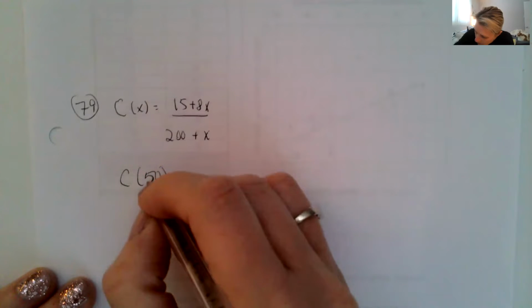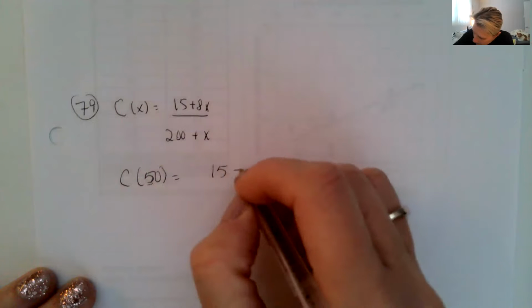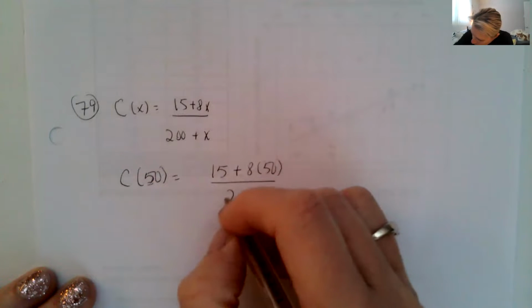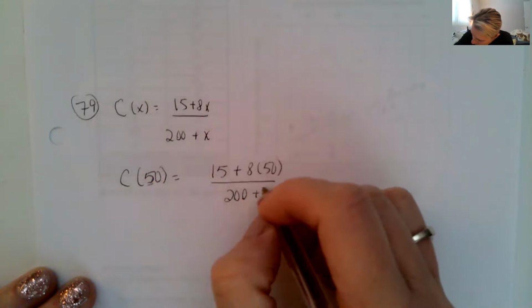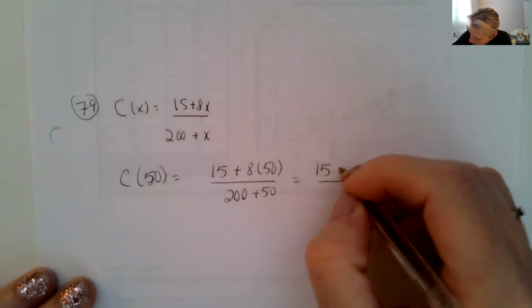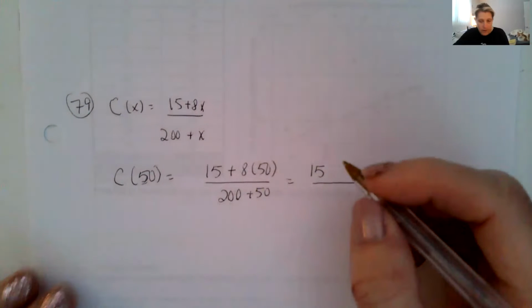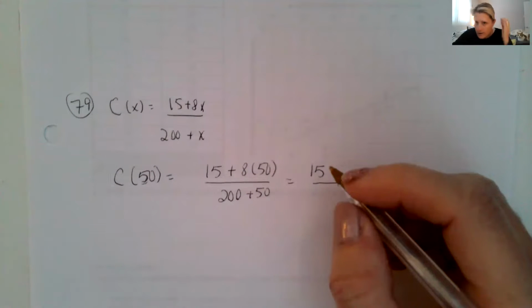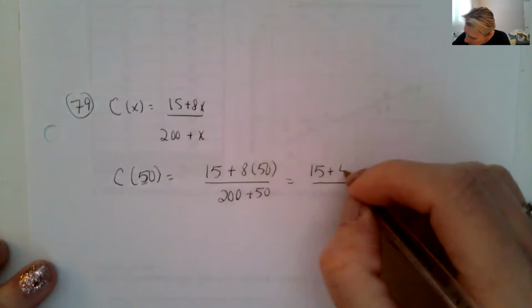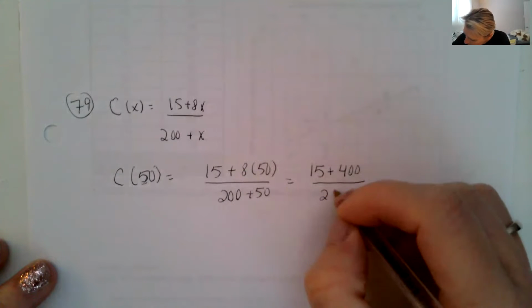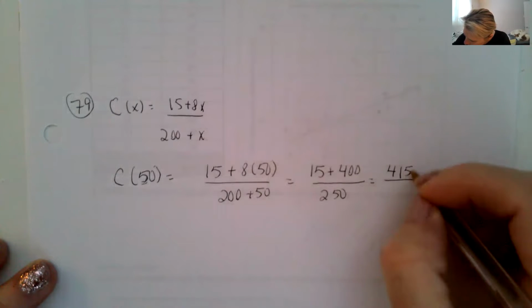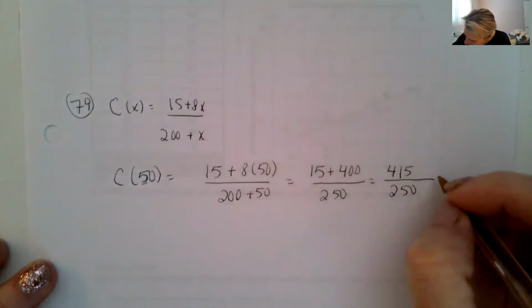Which means we are going to put 50 in for x. So 15 plus 8 times 50 over 200 plus 50. So the numerator becomes, you can do this in Desmos. I like to do things by hand as much as I can just to keep my brain going. 15 plus 8 times 50 is 400 over 250. So the numerator is 415 over 250.